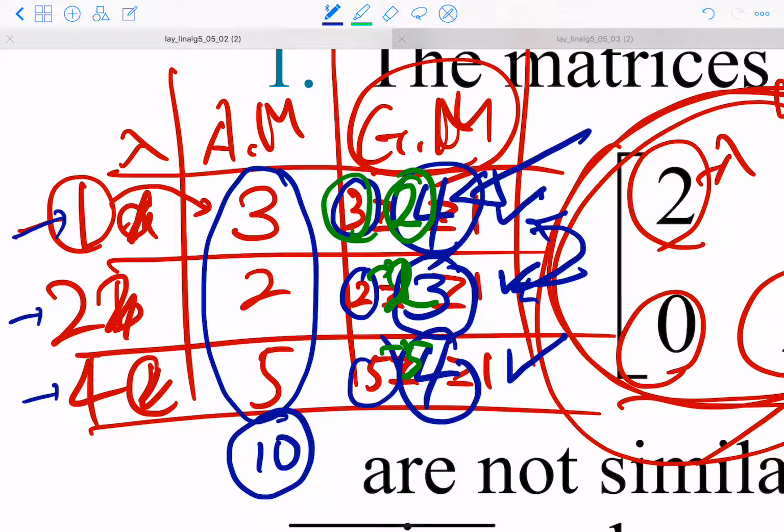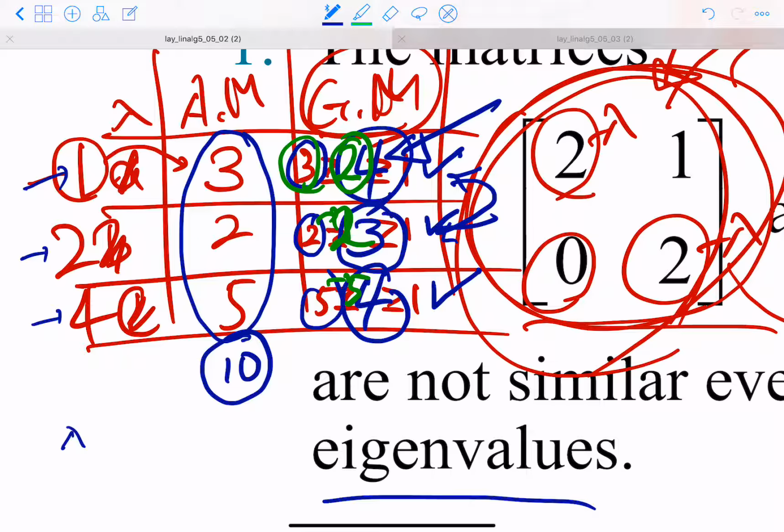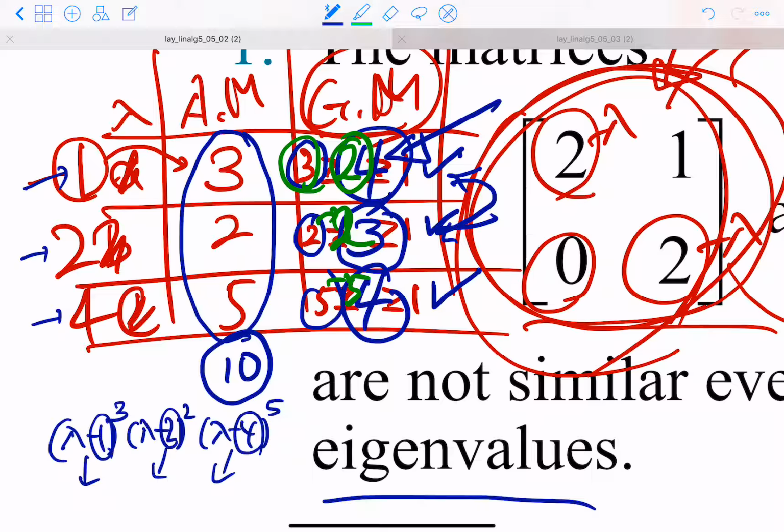So by the fact that they have these algebraic multiplicities, we know that this characteristic equation is (lambda - 1) to the power of 3, (lambda - 2) squared, (lambda - 4) to the power of 5, right? And so for each lambda, 1, 2, and 4, we know its corresponding eigenspaces are linearly independent, right?